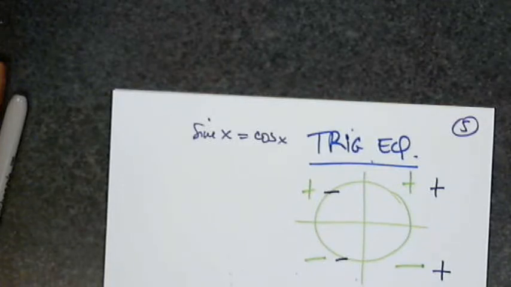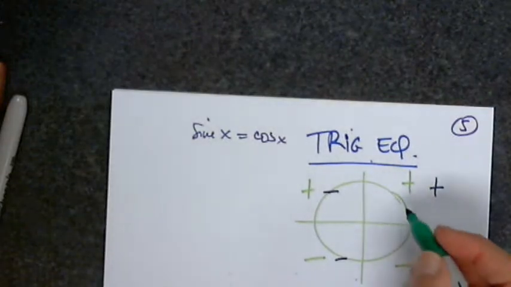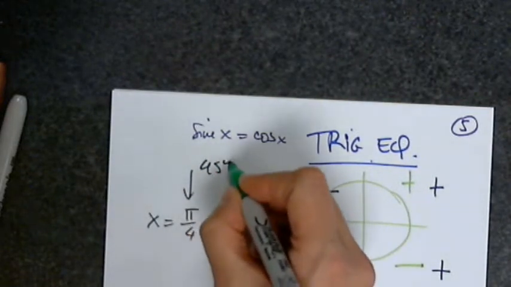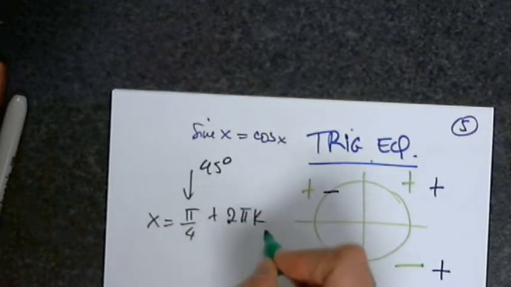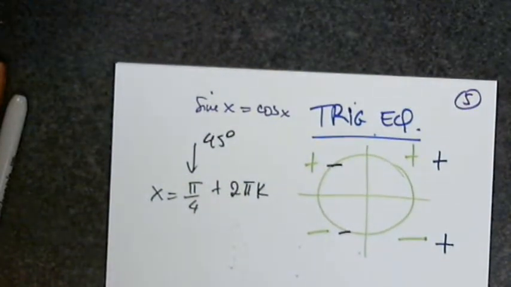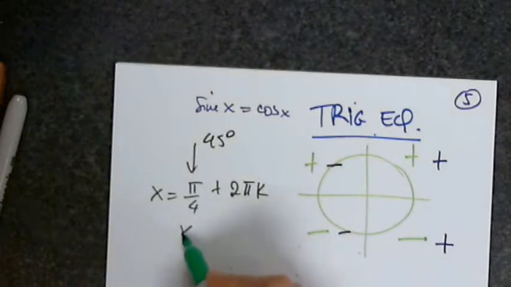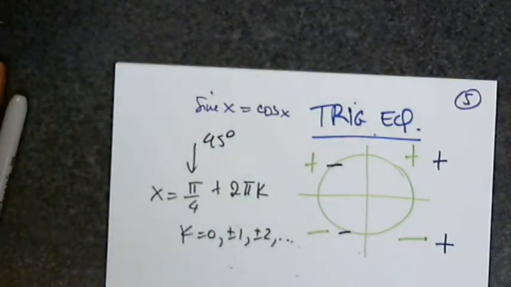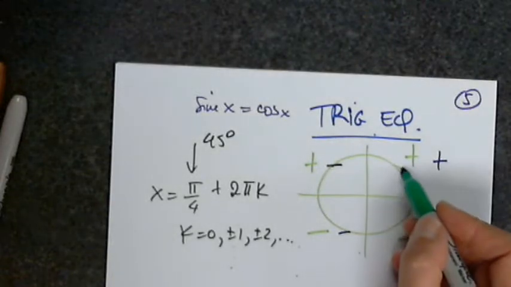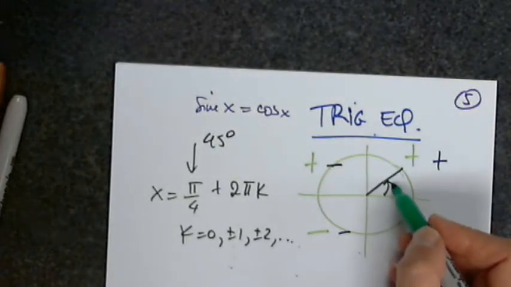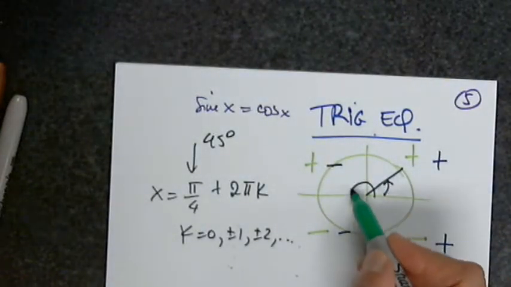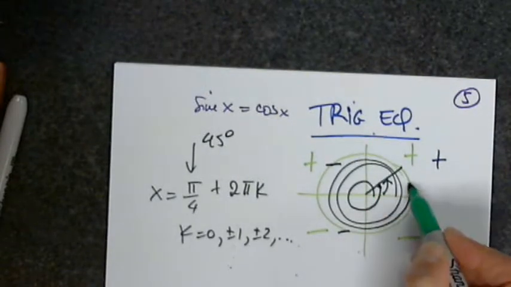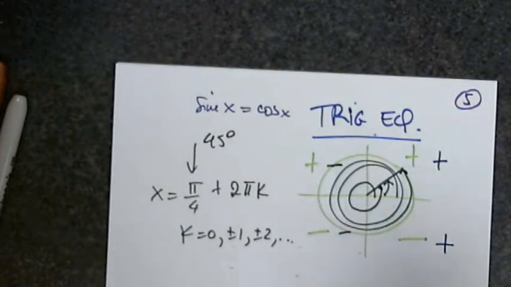First question, 45. Perfect. So here we have x equals pi over 4, or 45 degrees, plus 2 pi k, where k can be 0, plus or minus 1, plus or minus 2, and so on and so forth. So in other words, I'm saying this, and also this, and the other way around.